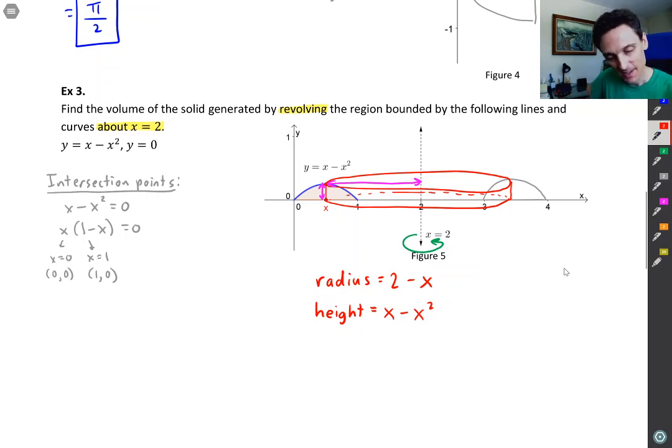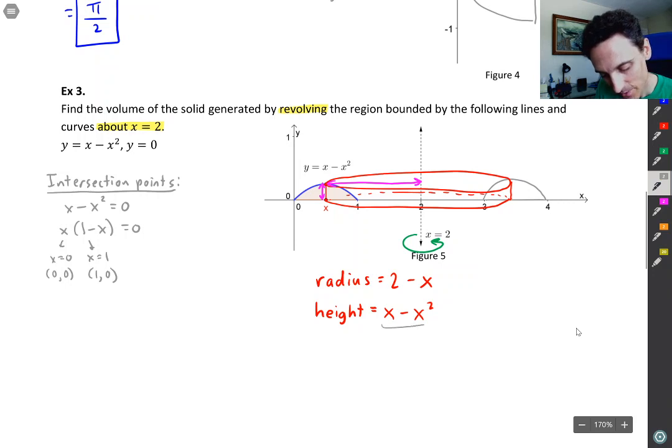This whole thing is the top, and then minus the bottom is minus 0. You could put minus 0 if you wanted to. Actually, I'll just leave it in there.